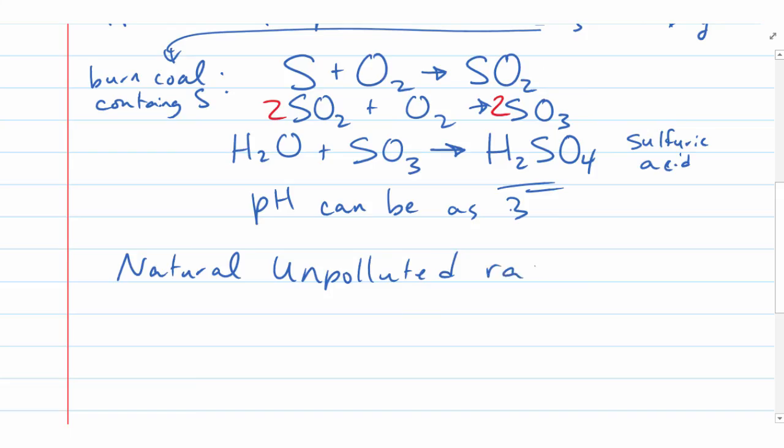You might think, well, natural unpolluted rain is neutral. Well, actually, natural unpolluted rain has a pH of about 6. And the reason why it's still acidic is because everybody in here is giving something off. When we exhale, all of us are giving off carbon dioxide, as is any other animal that's out there.